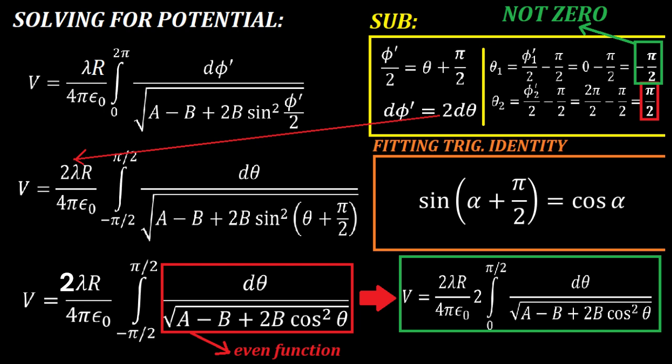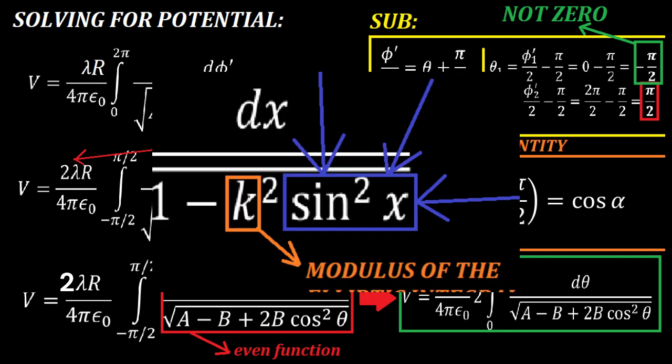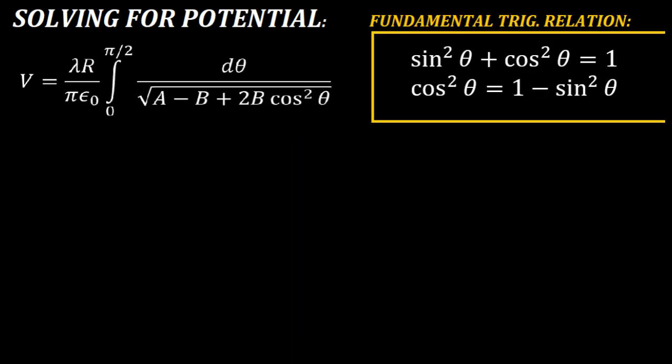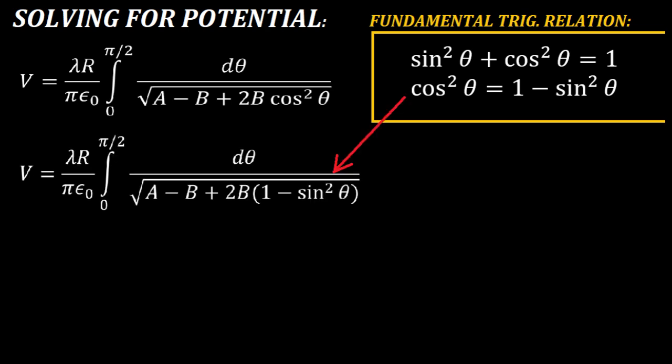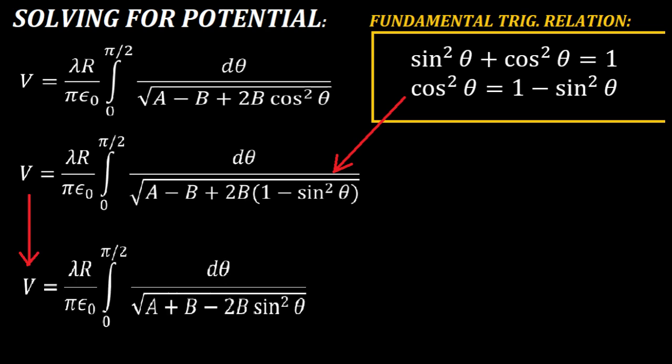And now we have the limits set. But we lost the sine squared term. But don't worry, the old fundamental trig identity is here to save the day. When all is said and done, we're left with a plus b minus 2b sine squared of theta.